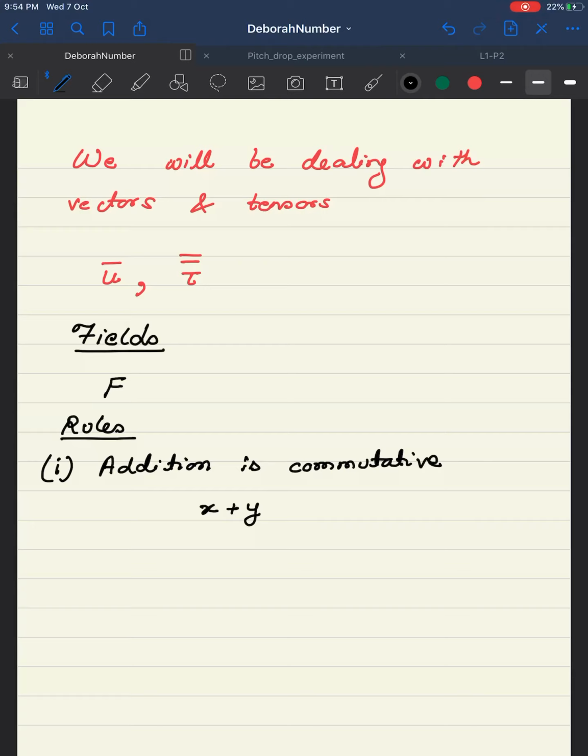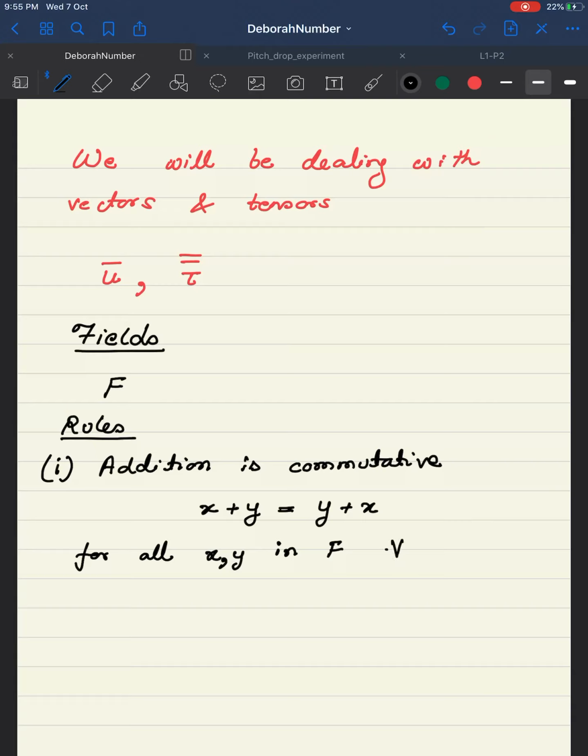Okay, you don't have to overthink this. So let's say x and y are basically some real numbers for the case. We can just take that as the current example. Then what it means is the addition or the order of addition is not important. So you could have done y plus x also. Okay. So this rule is valid for all x and y in F.